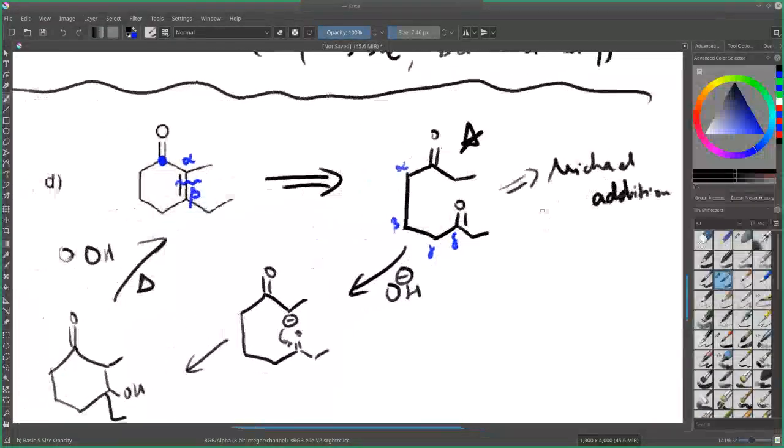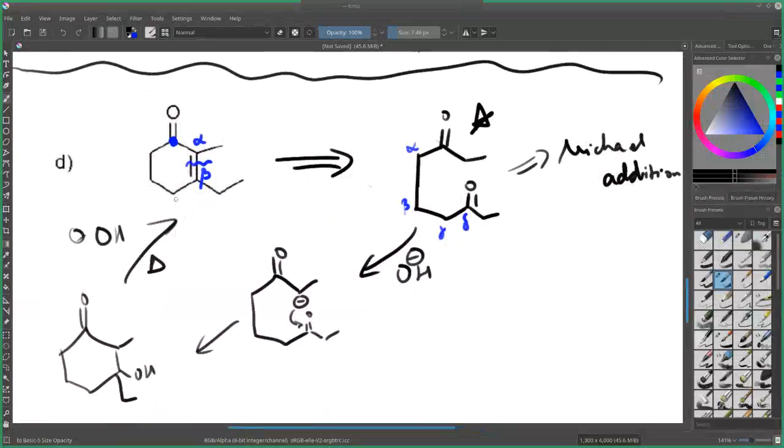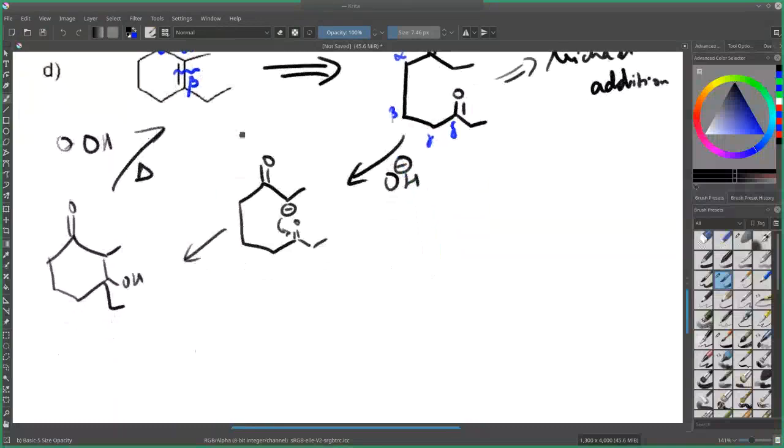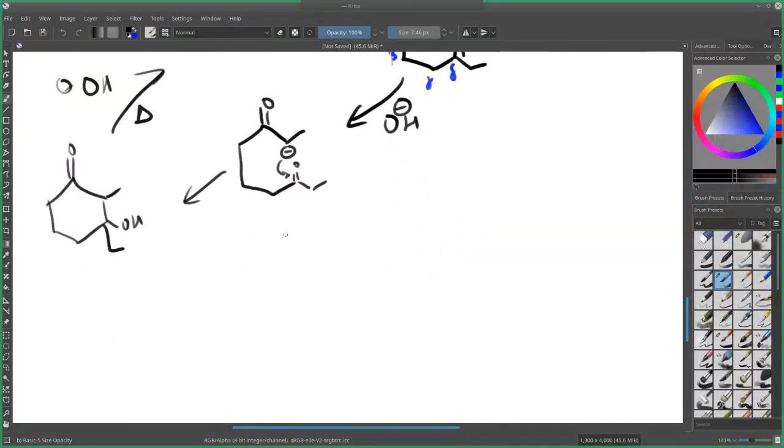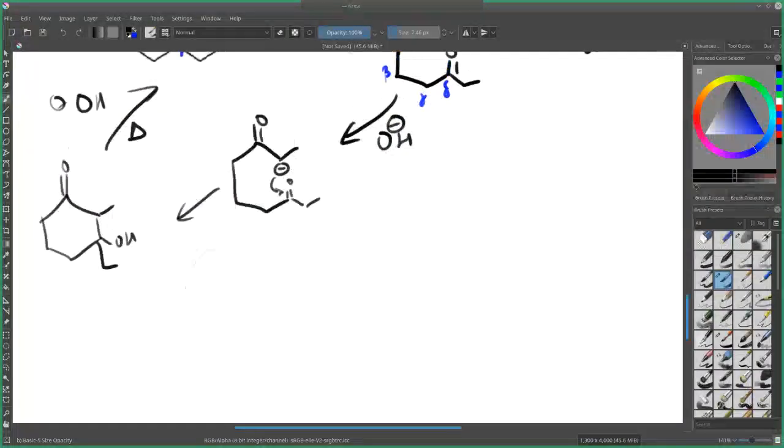But you can also look back at what you started with and just notice, something that you'll pick up as you see more of these, is that whenever you have this structure, this should scream that this was done with a Robinson annulation.